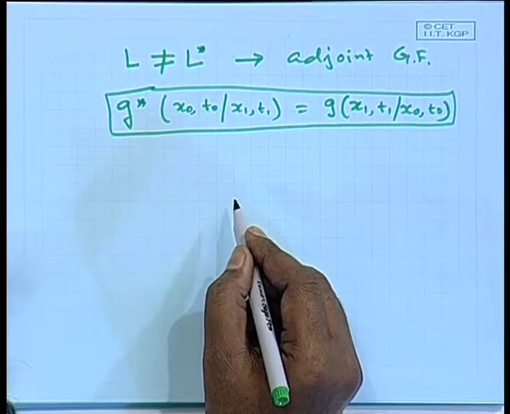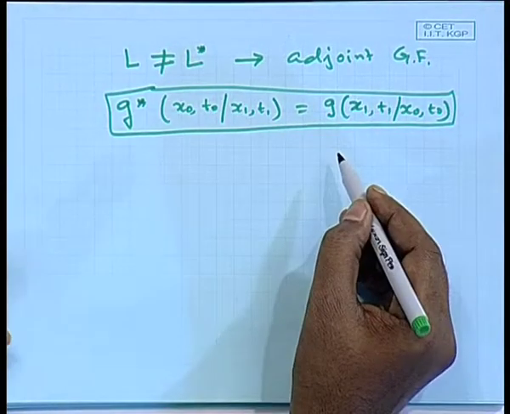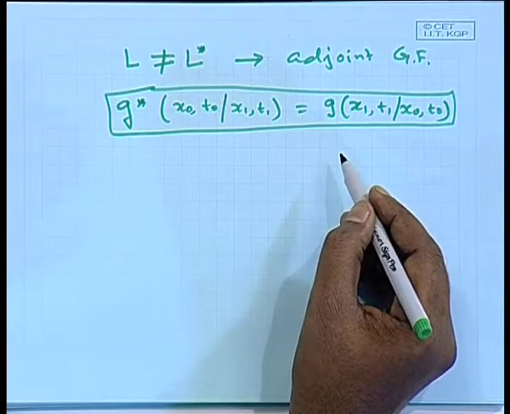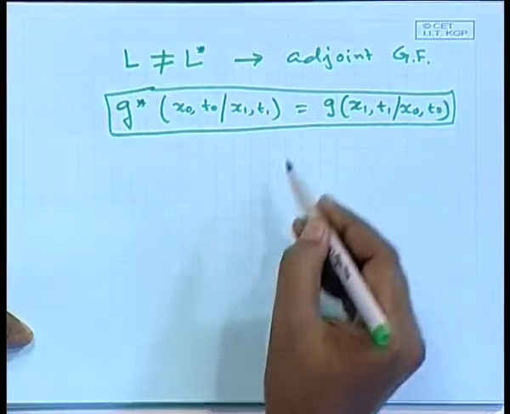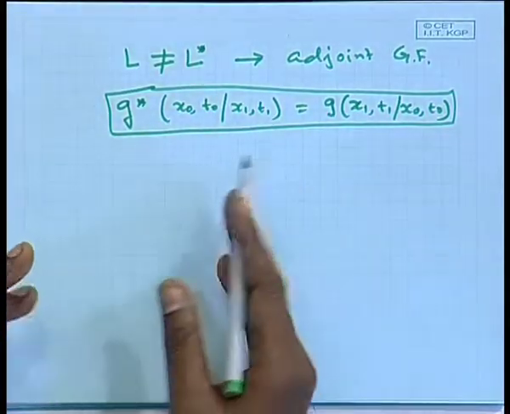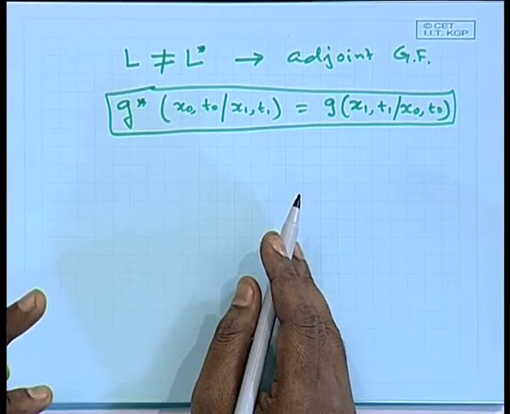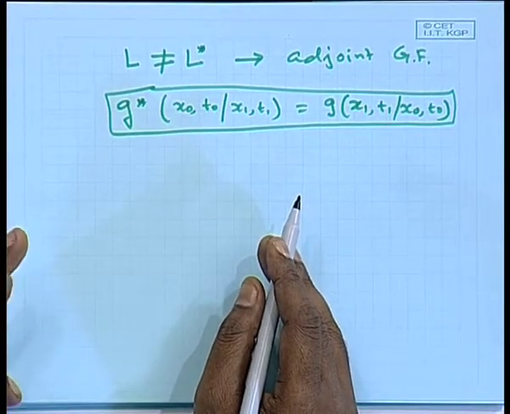So, for the way you have found Green's function in that rigorous way, you need not find the adjoint Green's function separately. Using this relationship between G and G star, by interchanging the independent variables, you can get the adjoint Green's function from the Green's function. Okay. So, let us do that.